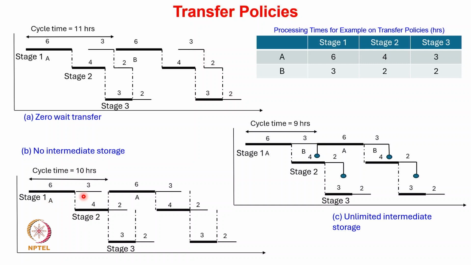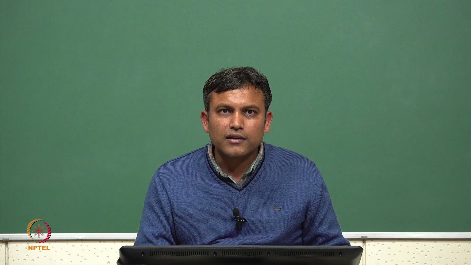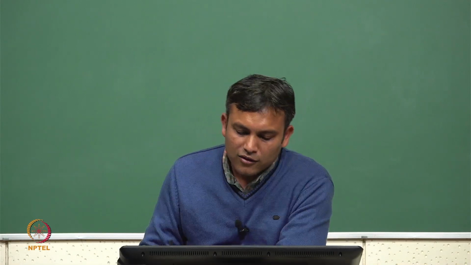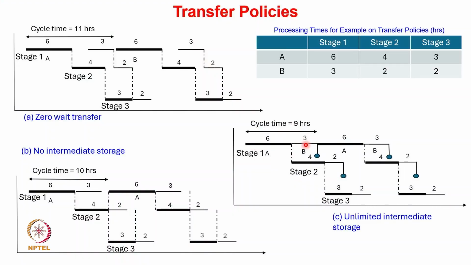So compared to this, when we look at the unlimited intermediate storage, that means the material we can take out from the stage and we can store it separately in the storage tank. So you can see that here, when the product B is starting just after the completion of the product A in stage 1, it completes in 3 hours.